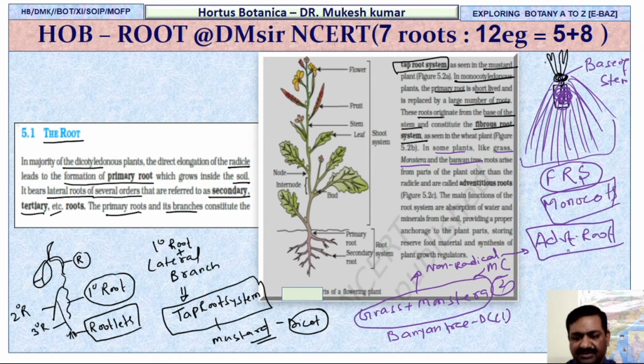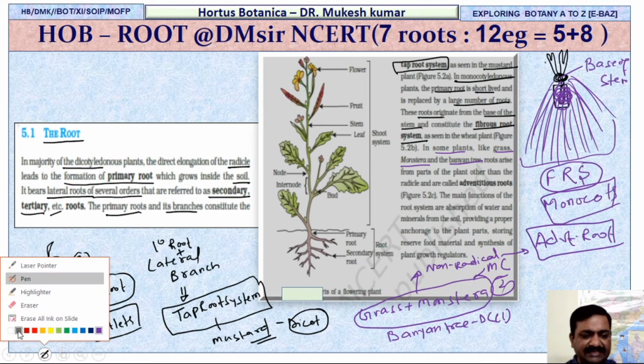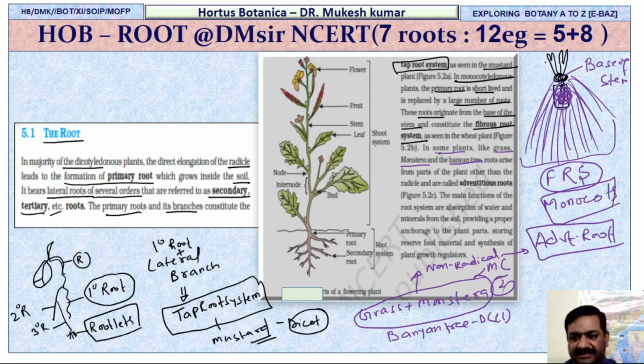Now come, according to the NCERT language, what does it state? In some plants like grass and monstera, which are monocots, and another one we have is the banyan tree, a dicot, roots arise from parts of the plant other than the radicle. That's why it is called non-radicle, and it's called adventitious root.